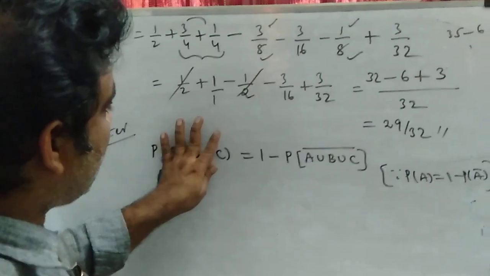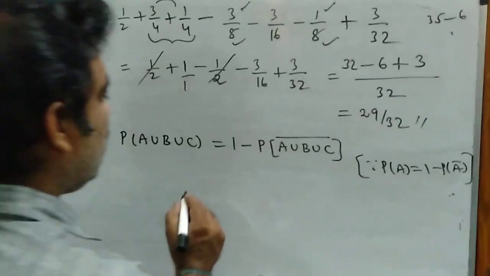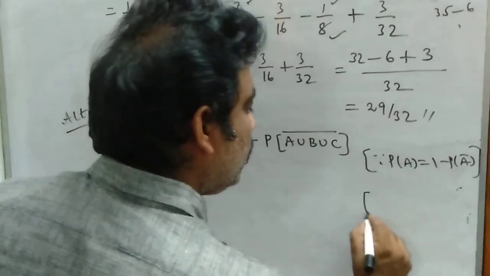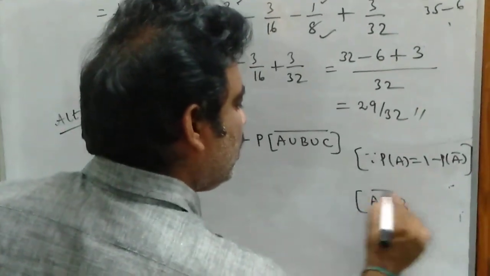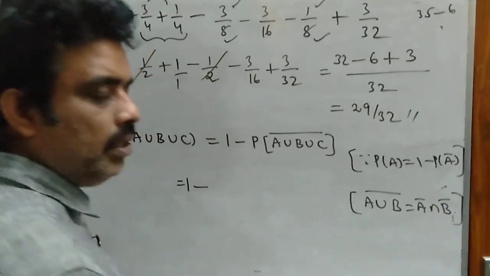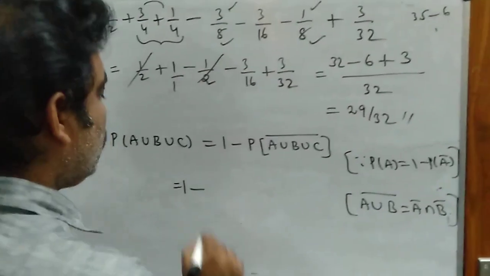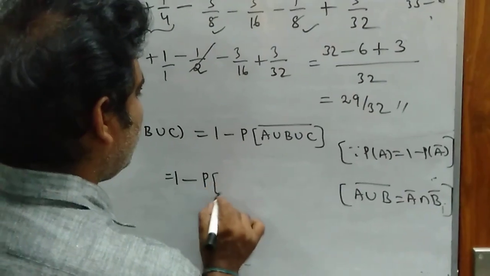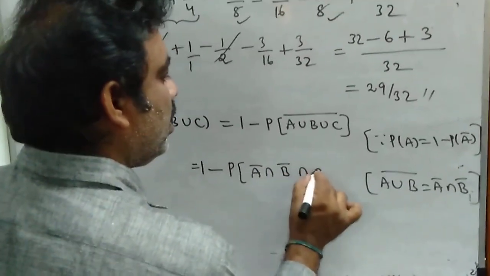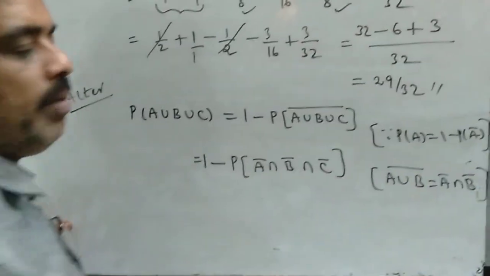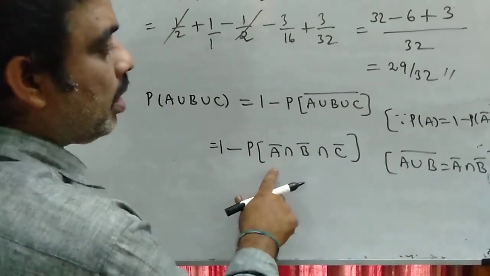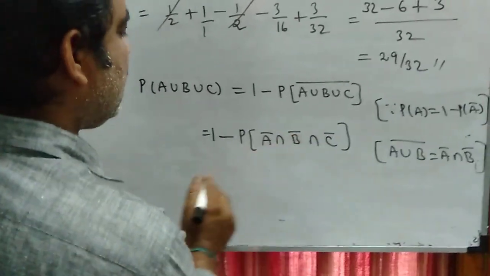By union whole bar, we know that A union B whole bar is A bar intersection B bar by using De Morgan's law. So I can write it as P of A bar intersection B bar intersection C bar. A union B union C whole bar can be written as A bar intersection B bar intersection C bar.